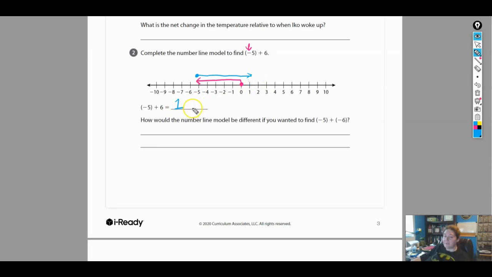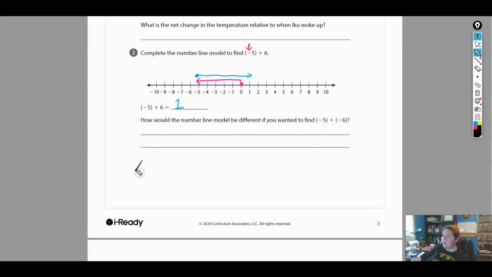We've done these. The biggest thing you have to remember, start at 0 the first time. Do your first number. Start where you left off. Complete your second number. So, this second part of the question says, how would the number line be modeled different if you wanted to find -5 plus -6?